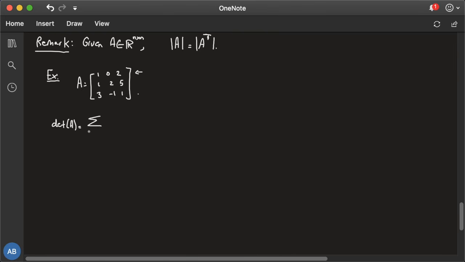So using the Laplace expansion, minus 1 to the power 1 plus j, a1j, m1j. That is a11 m11 minus a12 m12 plus a13 m13. a12 is 0, a11 is 1, so we're left with m11 plus 2 m13, right?